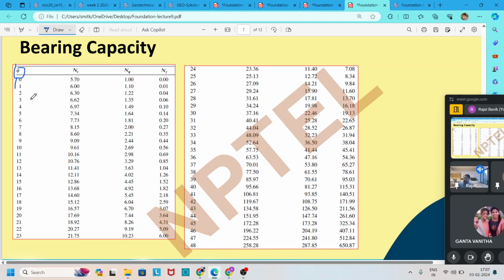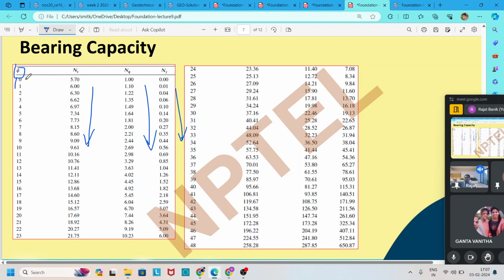By increasing phi, Nc, Nq, and N gamma also increase. So it mostly depends on phi. For general purpose and general problems, that means for pure cohesive soil, you should remember these values.